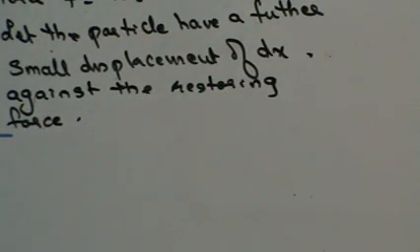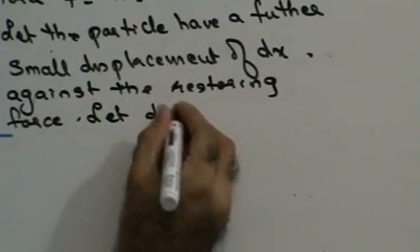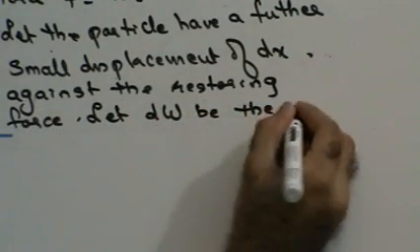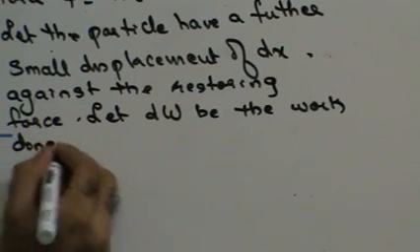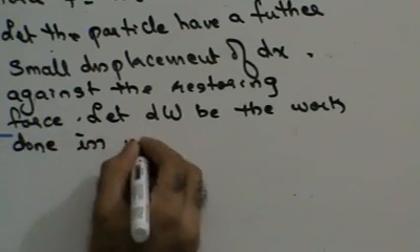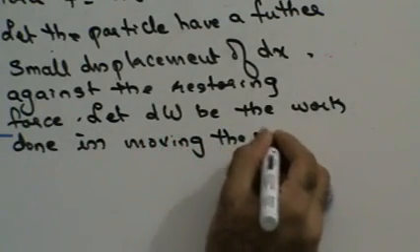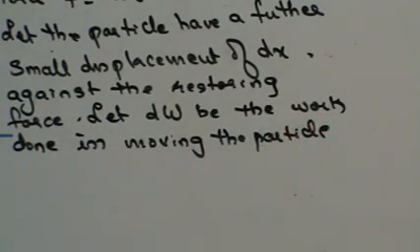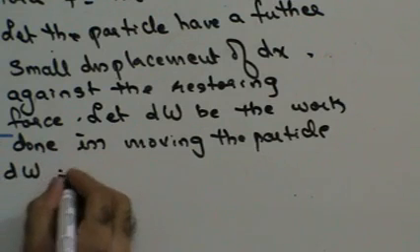Now if there is displacement and there is force, then there is work. Let dW be the work done in moving the particle. We know that work is force into displacement.